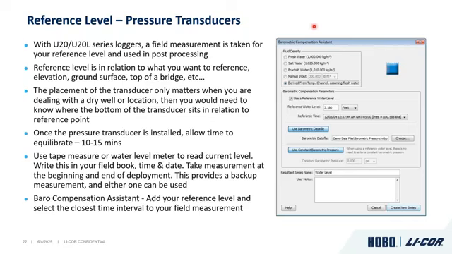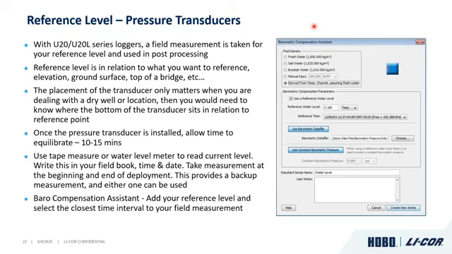You're really referencing a point so that the data makes sense to you. And so when you put your transducer, for example, in a well 100 feet in the water, and the water level is currently only 20 feet from ground surface, your reference point can be -20. It doesn't matter where your transducer is. It's a starting point for you.